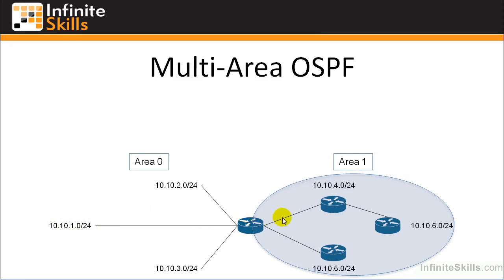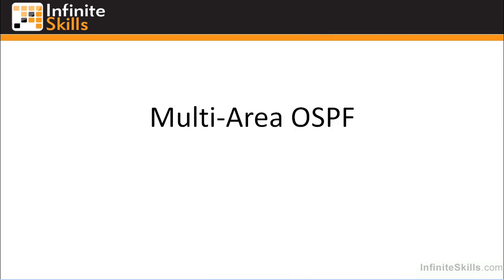These routes in area 0 appear in area 1's routing table, but if this router were to go away, the only thing that area 1 would see is, I can't get to that network anymore. It does not have to run the link state computation on all of these area routers to figure out the best path, because again, there's only one path. It's through this area border router. And that concludes our discussion of multi-area OSPF.